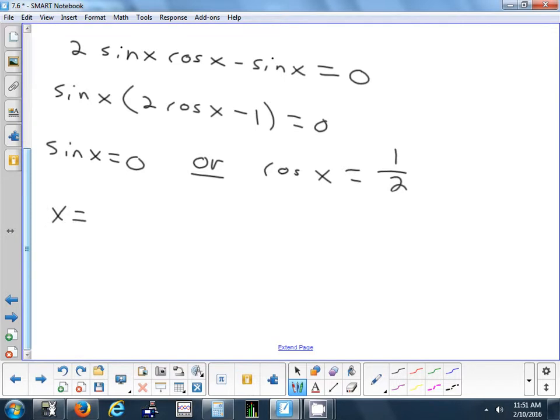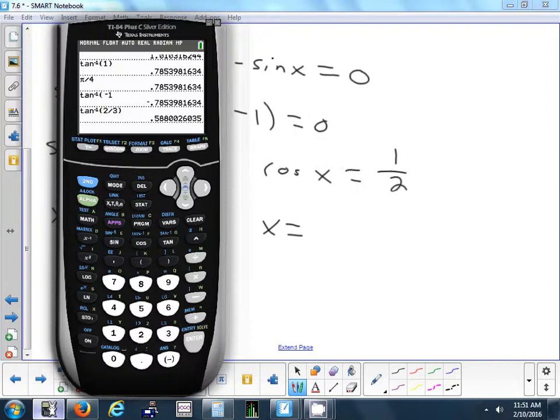It starts at 0. And at 180. And where cosine hits a half. Okay, if you're not sure, just use your calculator. 1.04, we've seen that angle today. That's 60. 60, it's pi over 3.